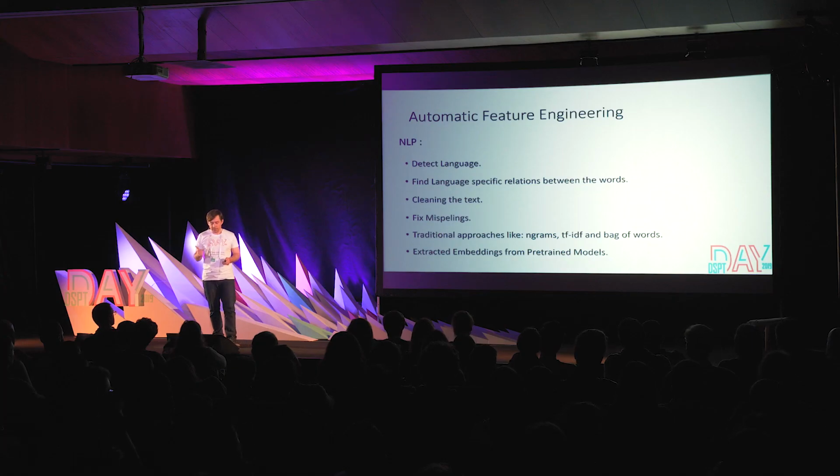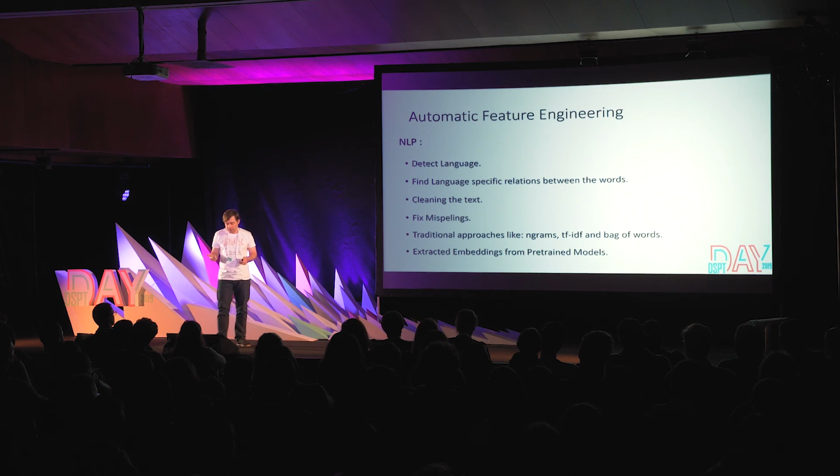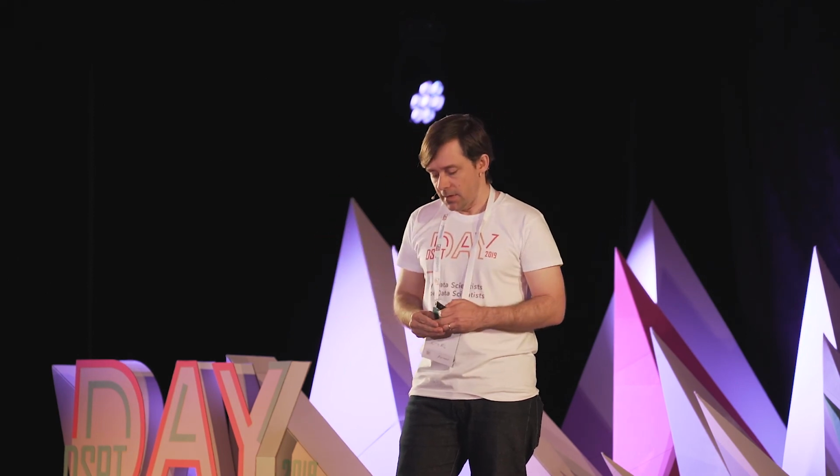AutoML can be used for NLP also, but there are a lot of challenges to do autoML in NLP. For example, you can detect the language, find the language-specific relations between the words. How to clean the text can be different depending on the source of the text. Find misspellings in different languages. You can try traditional approaches like n-gram, TF-IDF, bag of words, extract embeddings using pre-trained models. So there are a lot of approaches for NLP also. And image classification also.